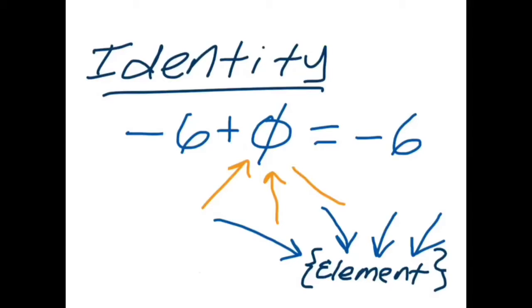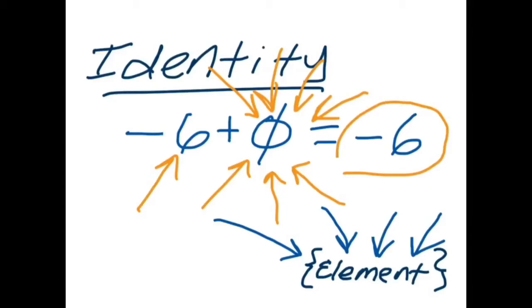That's the thing for addition that will allow this poor, insecure number, in this case -6, to keep its identity. The identity element for addition is 0.